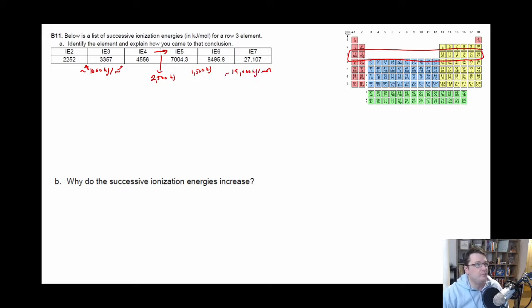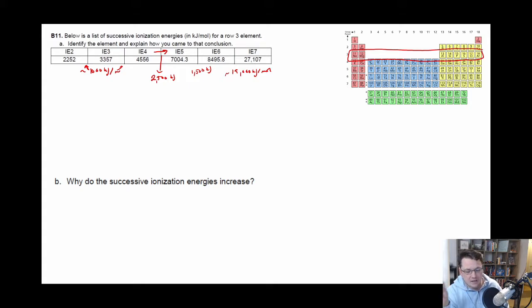Now, each one of those jumps should signify a few different things. As I already mentioned, the jump from IE4 to IE5, going from changes of 1,000 kilojoules between the ionization energies to suddenly 2,500 kilojoules per mole, should tell us that it's a change within the same row.